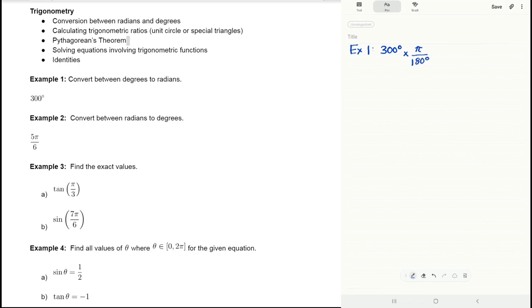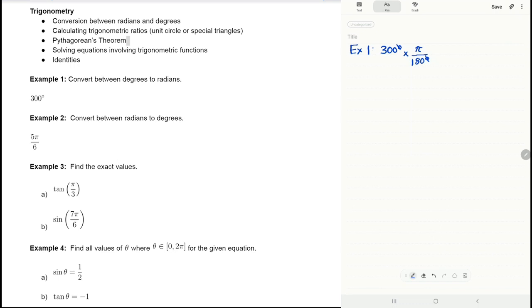Since we want to convert from degrees to radians, what we want is pi to be in the numerator and the degrees to be in the denominator. So we're really multiplying this by 1, right? We know that pi is equal to 180 degrees. And if we were to look at the units, the degrees will cancel with one another, and we're left with pi in the numerator.